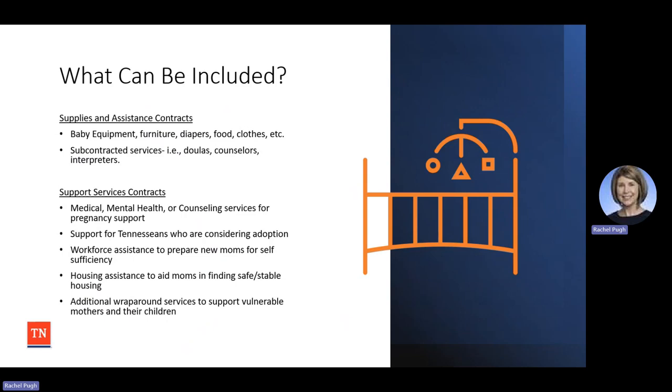So medical, mental health, counseling services, support for Tennesseans considering adoption, housing assistance, workforce assistance, additional wraparound services. All of those could be included, or a portion of those. And again, because the support services are a larger amount, they do require the goods assistance piece. You are required to allocate at least 20% of those funds to goods assistance in each year of the funding.